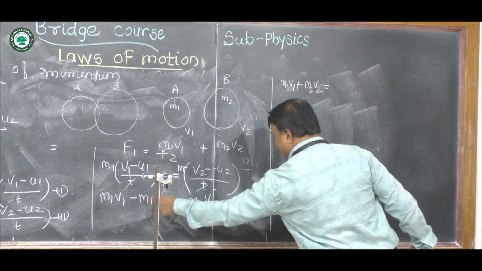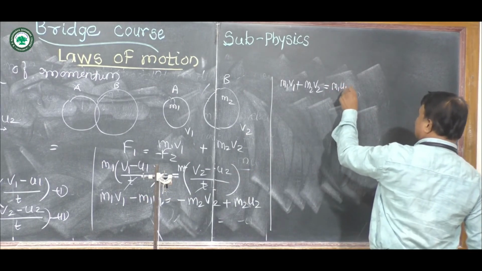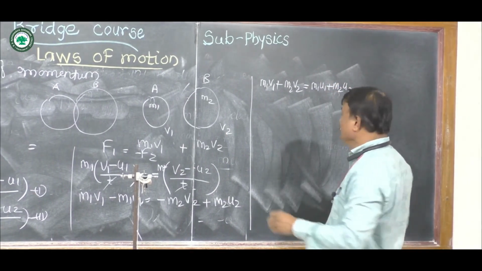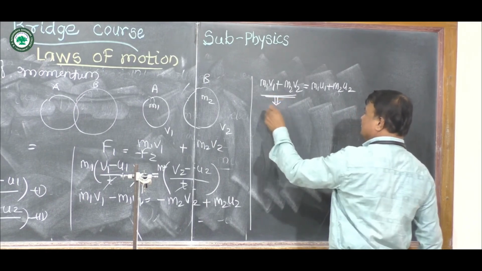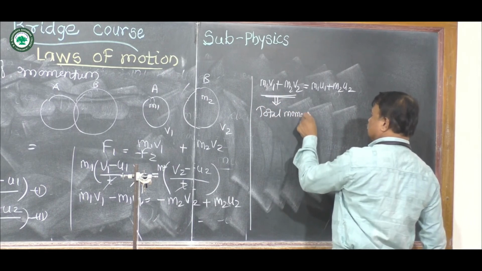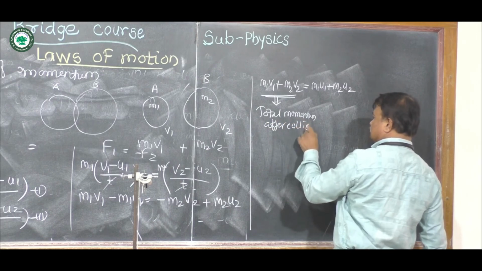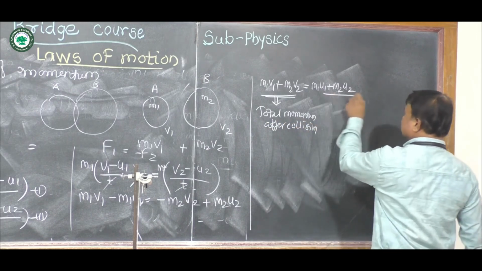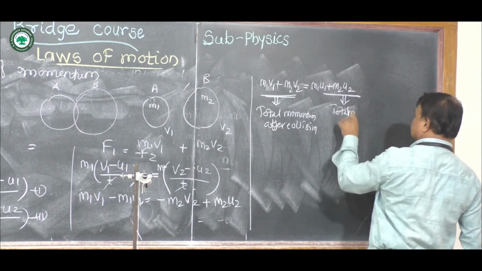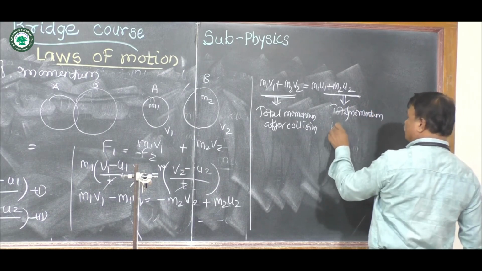Now this minus m1 u1 on that side will become plus. So we write m1 u1 plus m2 u2 as it is. Now see this one. This is the total momentum after collision. And this one is the total momentum before collision.